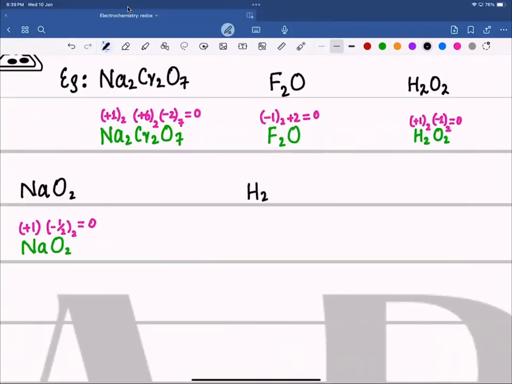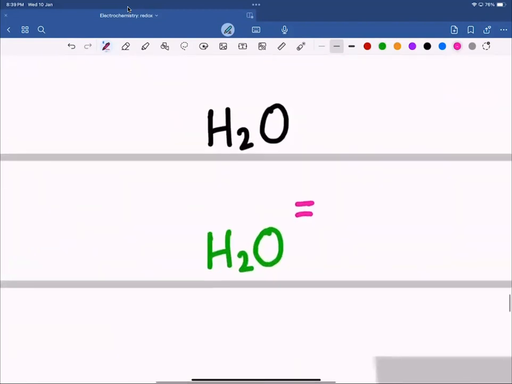See over here, it's H2O. So, what is the net charge? Yes, 0, sir. Any element from group 1, 2, and 3? No. So then hydrogen has a +1 oxidation number.